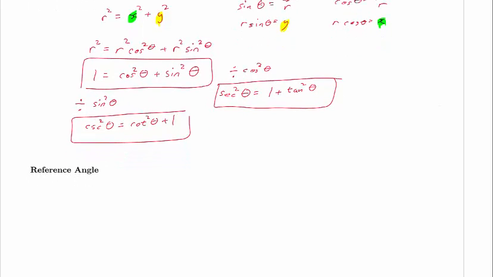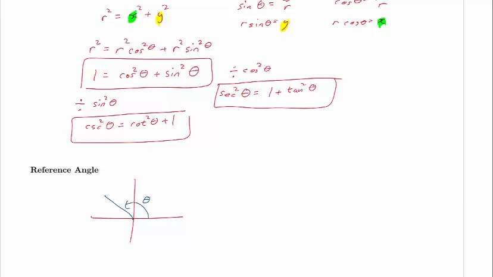So a reference angle, basically, if you have, here's our x, y coordinates, and we have our angle in standard position. Say it's coming over here, and so this is that angle theta. Well, the reference angle would be the acute angle formed by the terminal side of theta.